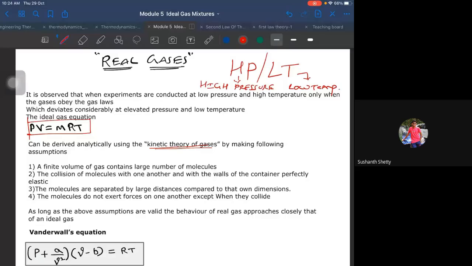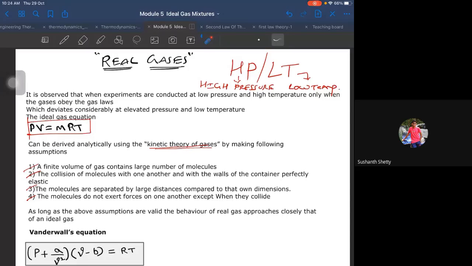During that time, you assumed these four assumptions of the kinetic theory of gases, through which you derived the PV equals nRT equation. Let us go one by one.